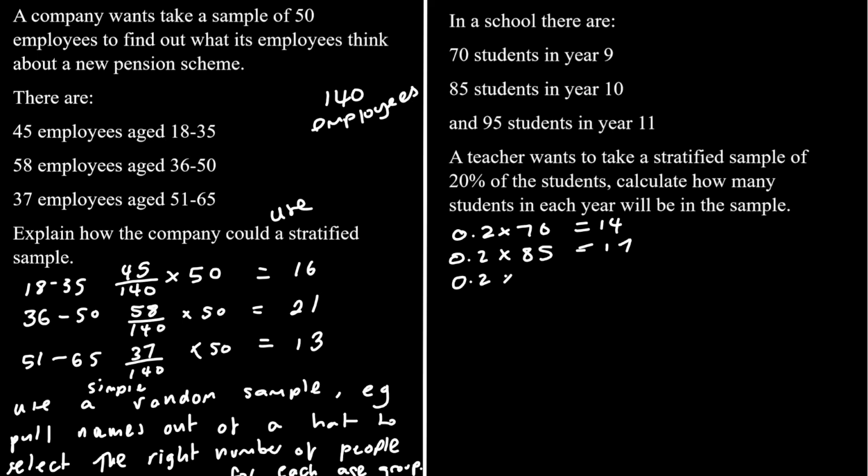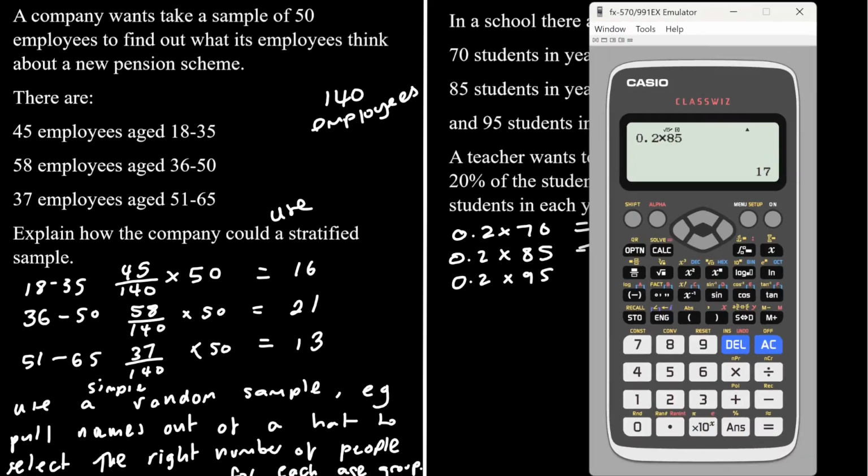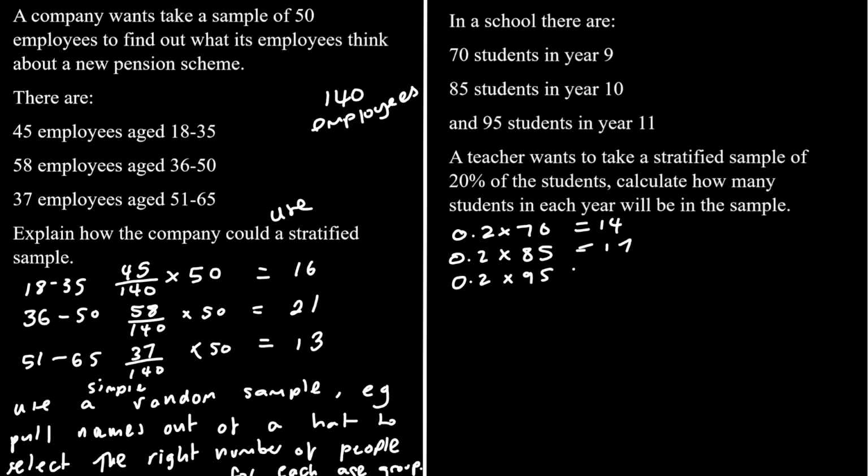And 0.2 times 95 is 19. So we want 14 year 9s, 17 year 10s, 19 year 11s, and that's it. Calculate how many students in each year. That's year 9, year 10, and year 11.